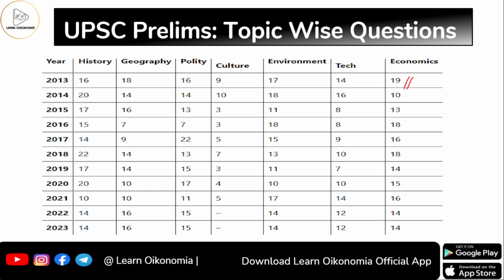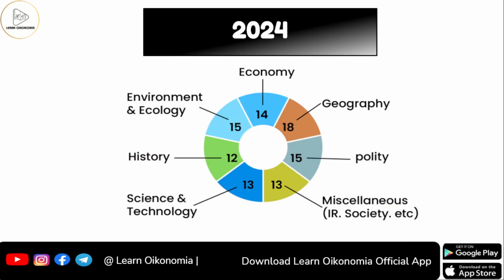Now in 2014, 10, later it increased to 13, again increased to 18, slightly reduced to 16, then increased to 18, then 14, after that 15, then 16, then 14 in 2022, 14 again in 2023, and in 2024 also we had 14 questions from this particular area, Indian economy. See the importance of this paper in the UPSC Civil Services examination, something that is very, very important.